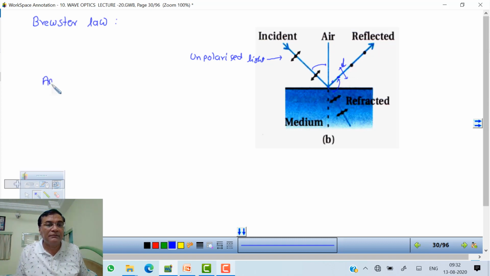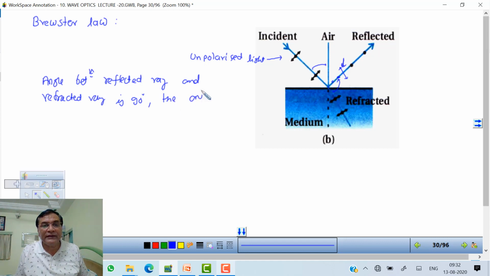If the angle between the reflected ray and the refracted ray is 90 degrees, then only the perpendicular component of the electric field vectors is reflected.